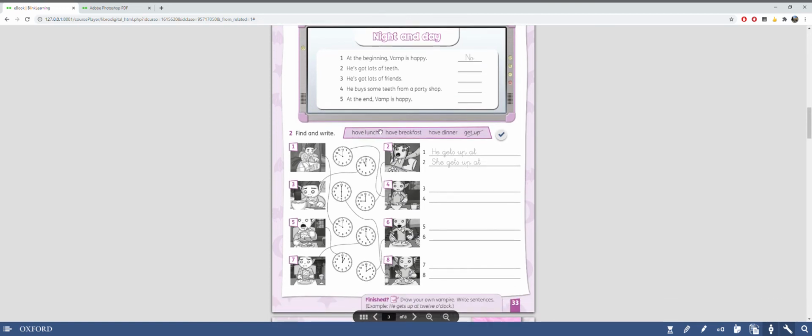Then in activity number 2, we have the following. Look at this. We have the vocabulary, like for example, have lunch, have breakfast, and have dinner. Also get up. This is the routine. And here we have the time. So we have also images with different numbers. For example, number 1. And if we follow the time, very good, we are going to identify this clock.